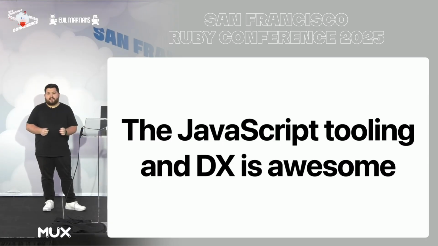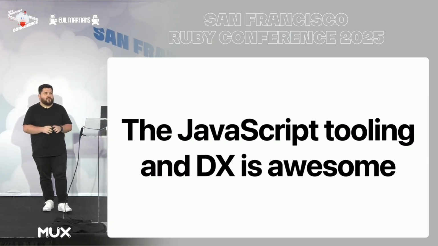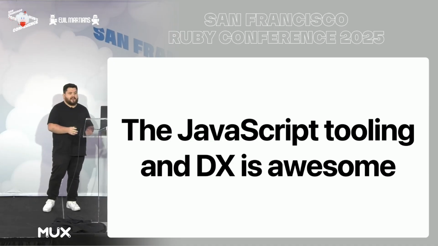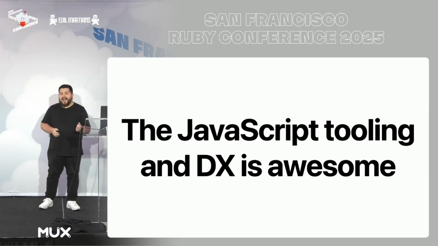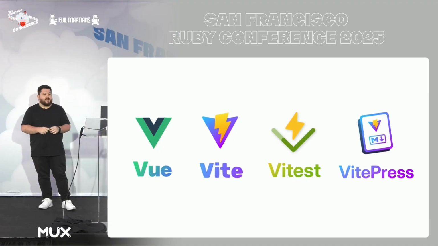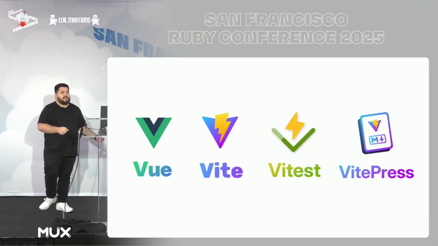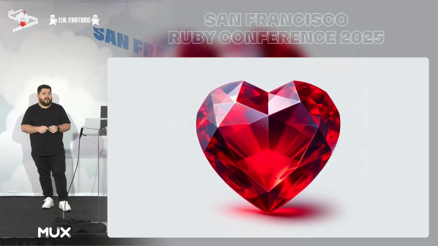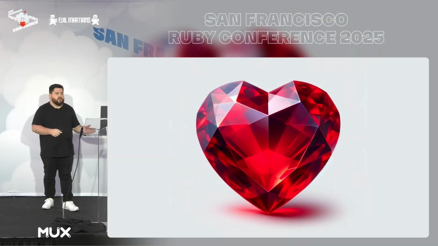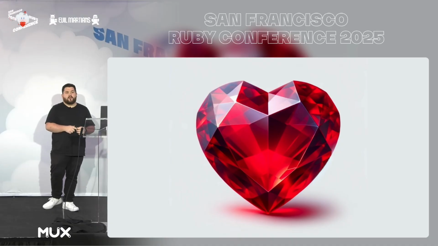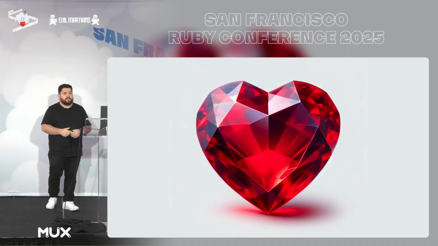JavaScript really nailed the developer tooling aspect. Even if the churn of these frameworks is so fast and really annoying to work with, I think Vite and Vue really show how it's done and how we should be doing the same thing in Ruby. And yeah, we love Ruby, so we want to keep writing Ruby. I don't see why we shouldn't bring these advancements back to Ruby.